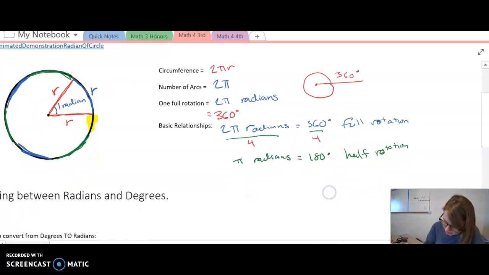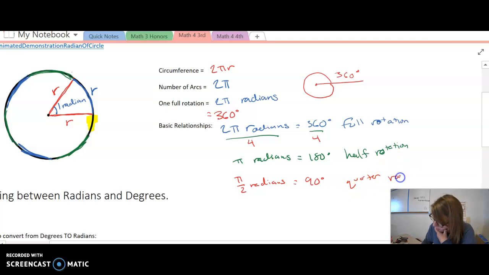So then we would have pi over 2 radians is equal to 90 degrees, which is going to be a quarter rotation, or a right angle.